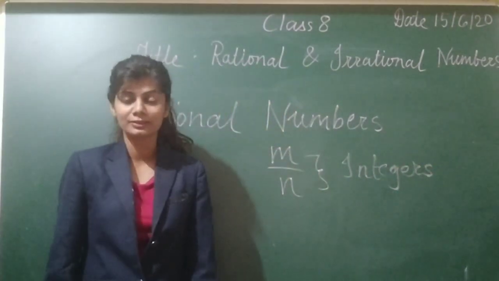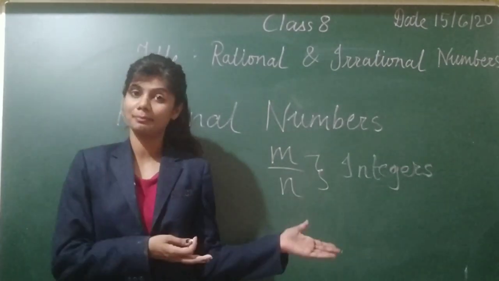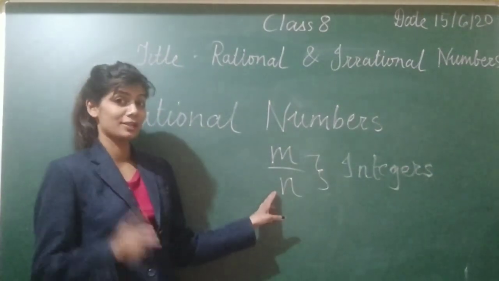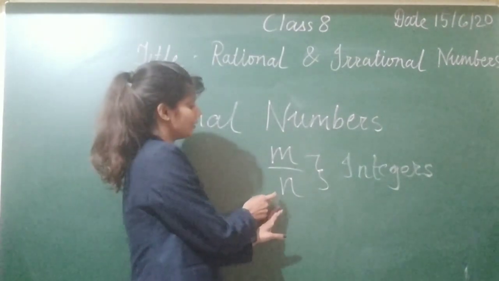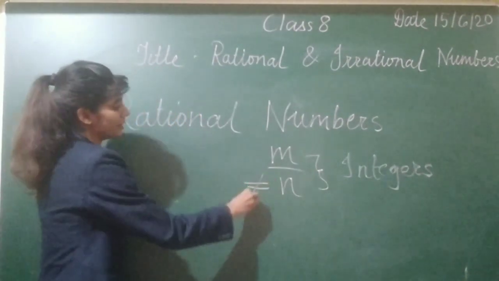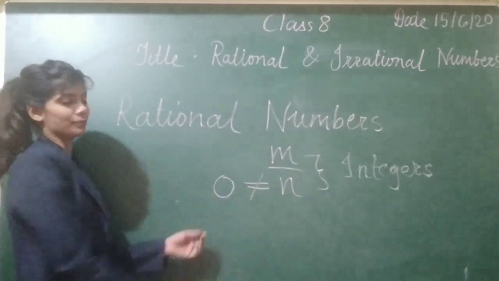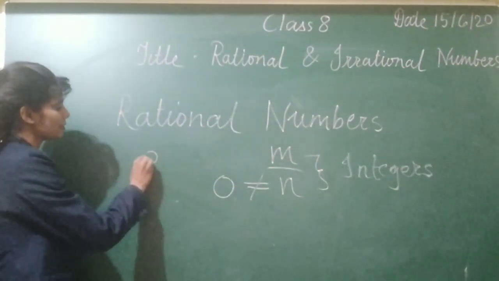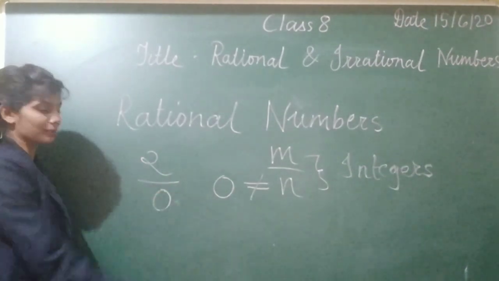Integers means negative values as well as positive values along with 0. But there's one rule, that n can never be equal to 0. Understood? You cannot write 2 by 0.